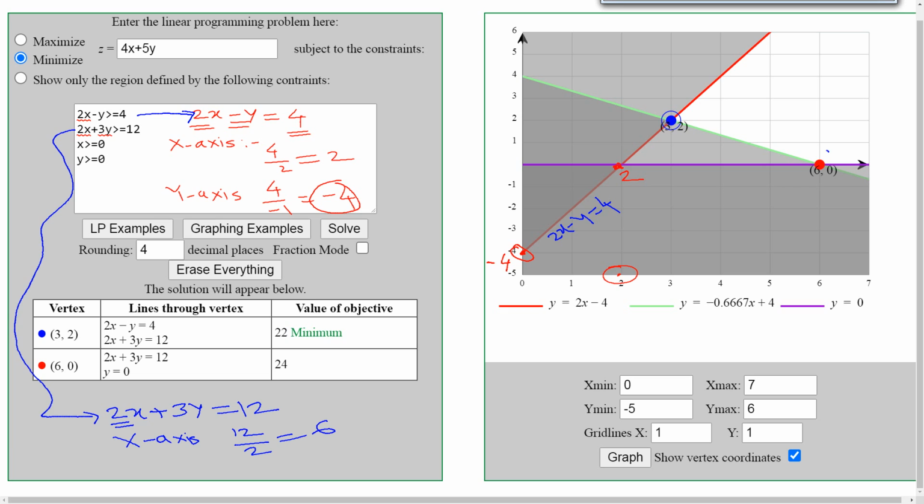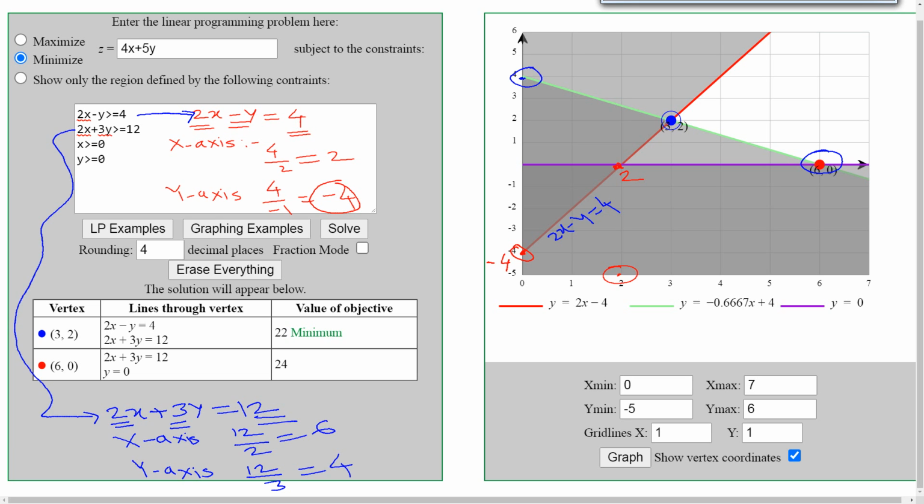On y-axis, the point is given by 12 upon coefficient of y, which is 3, 12 upon 3, which is equal to 4. So 6 and 4.